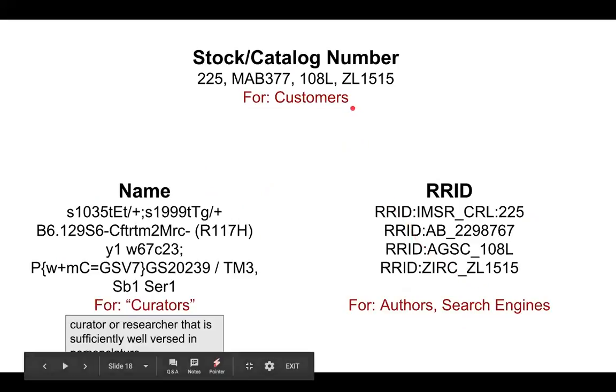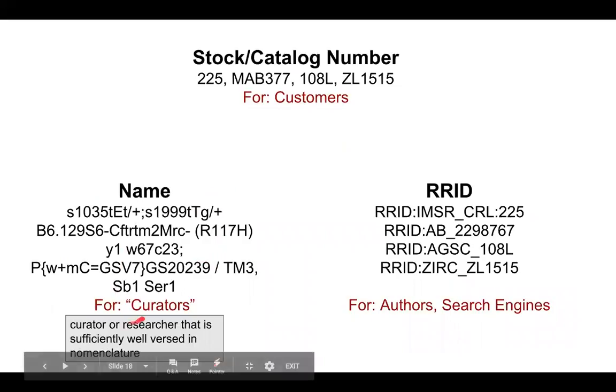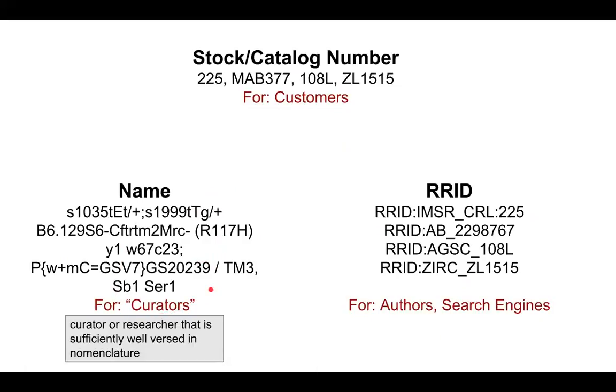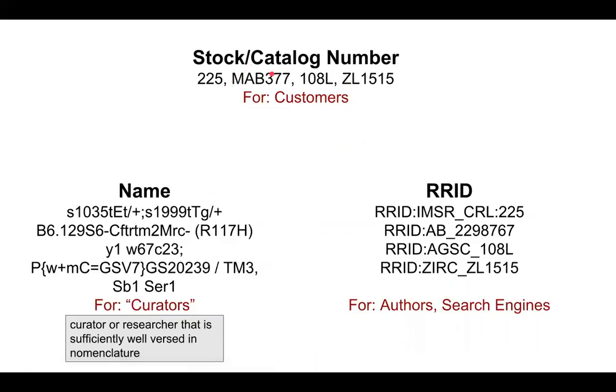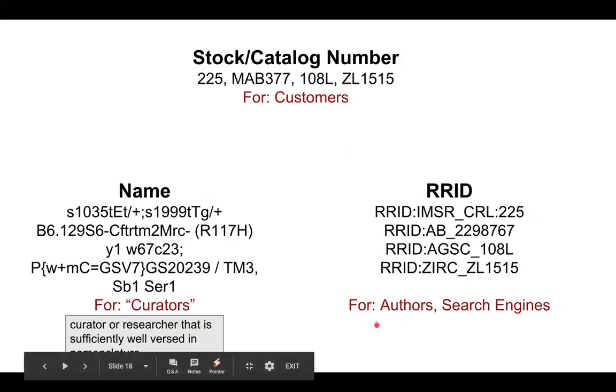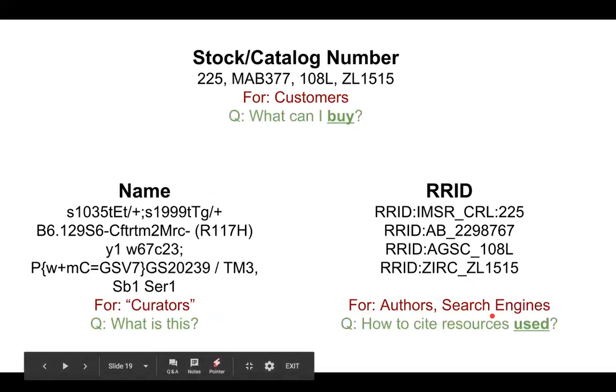There are also different people, right? So the name can be read very accurately by curators or researchers who are really, really well trained in how to read, especially the genomic nomenclature. The stock numbers are meant for customers, and RRIDs take a lot of these stock numbers, add on to them, and essentially make them globally unique, which makes it very good for authors and for search engines.